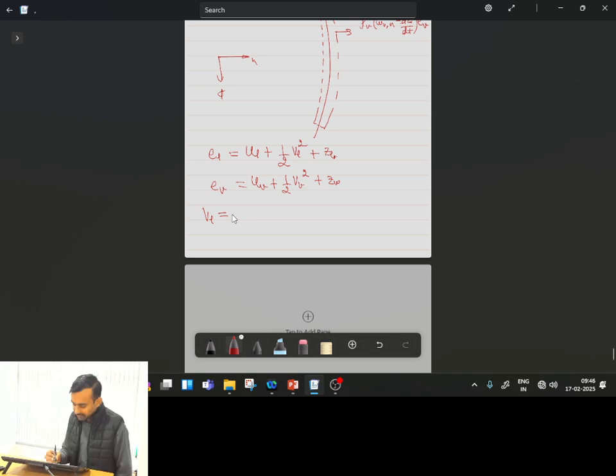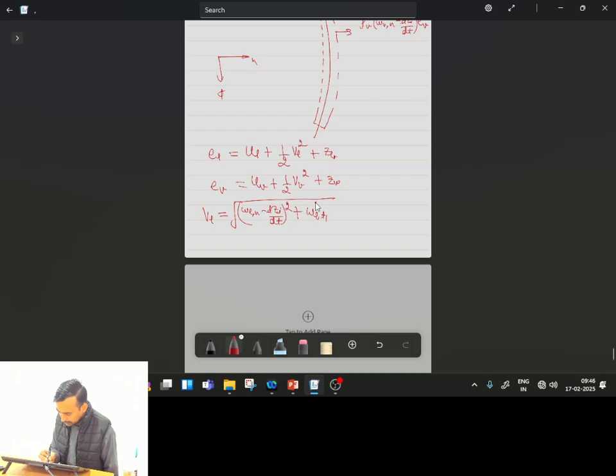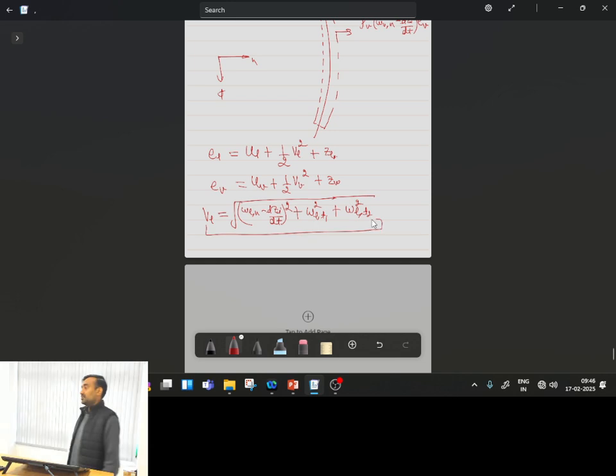The total velocity field will be the square root of the velocity field in the normal direction, which will be W ln minus dzi by dt, squared, plus the velocity field in the tangential directions. For the first tangential direction, say it is WL T1 square, and for the second tangential direction it is WL T2 square. So this will be my total velocity field. Is this clear? Likewise, you can write the velocity field for the vapor also, which I am not writing here.